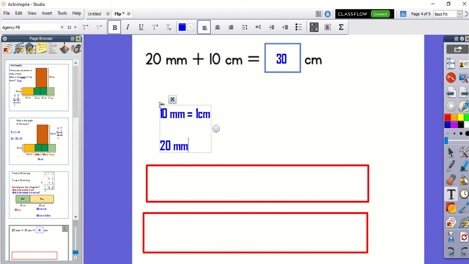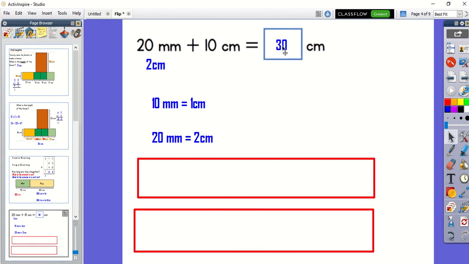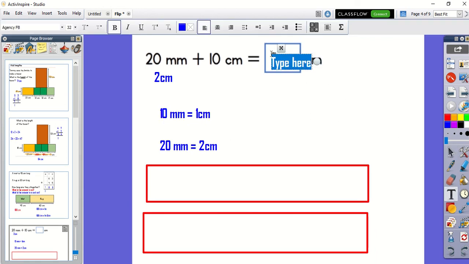So 20 millimetres must equal 2 centimetres. So now we can change this to 2 centimetres, add 10 centimetres. 2 centimetres add 10 centimetres, well that's nice and easy, it's 12. So my answer is 12 centimetres.